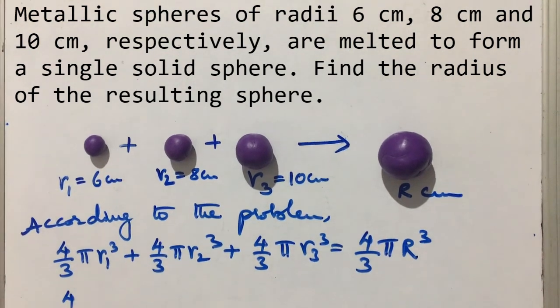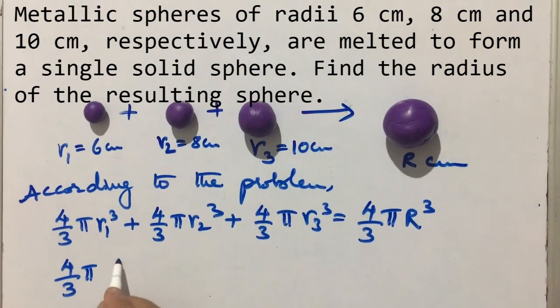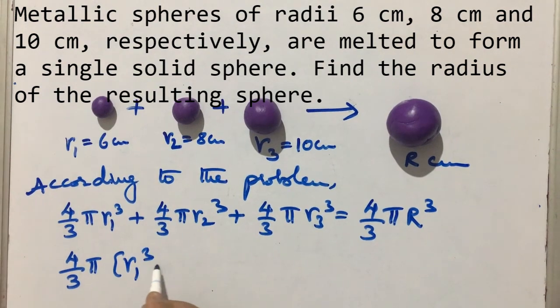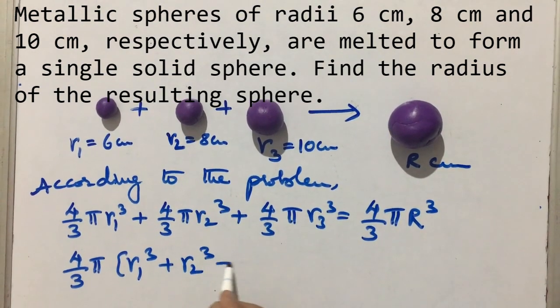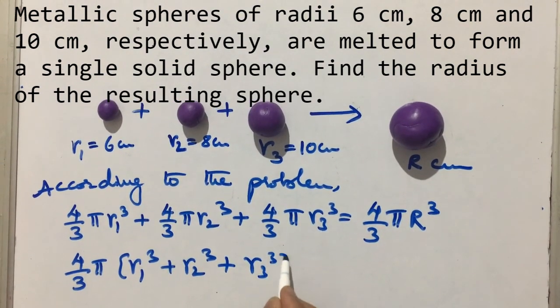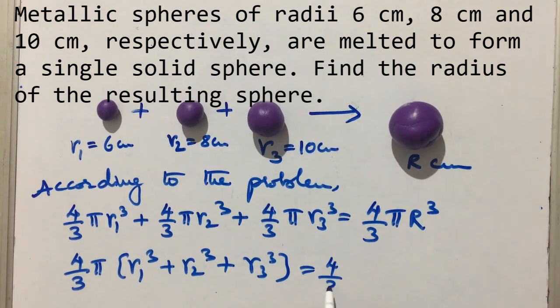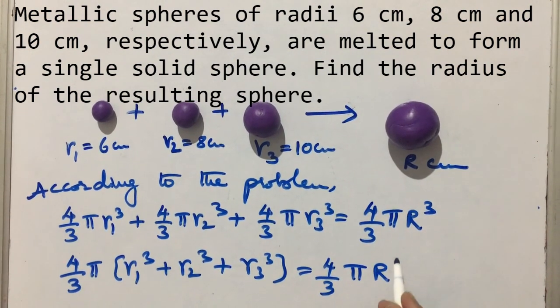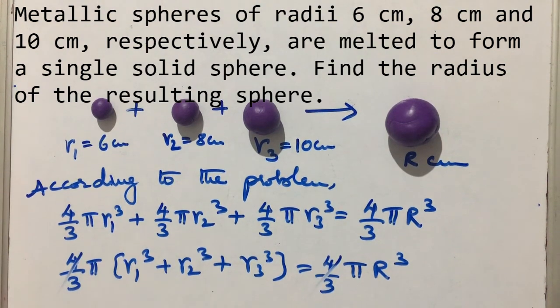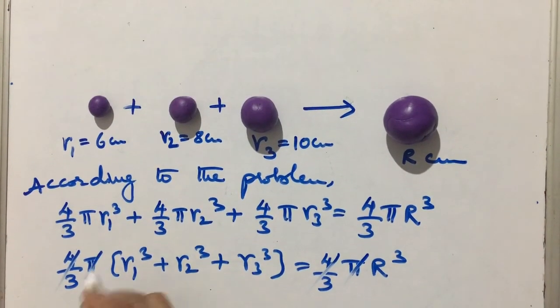You can take 4 by 3 pi in common. So R1 cube plus R2 cube plus R3 cube is equal to R cube. This 4 by 3 gets cancelled, pi gets cancelled.